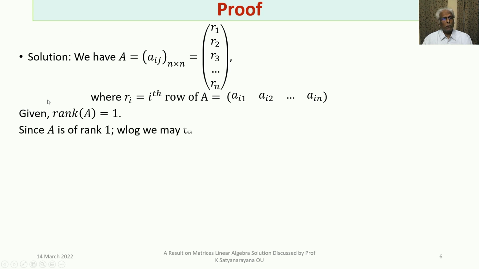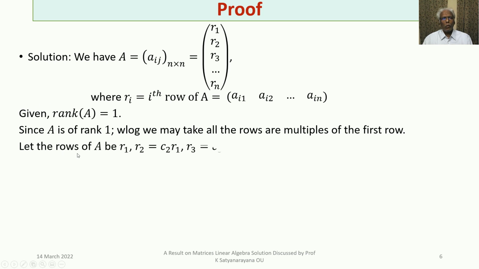Since the rank of A is 1, without loss of generality, we may take all the rows to be multiples of the first row. This you can do without losing any generality.